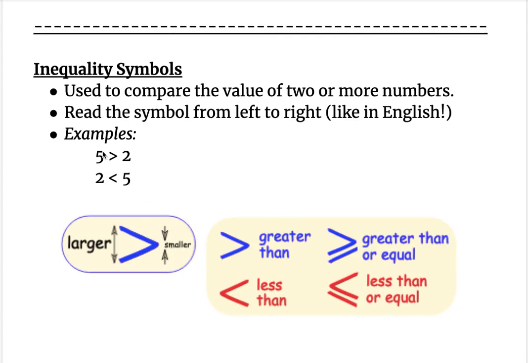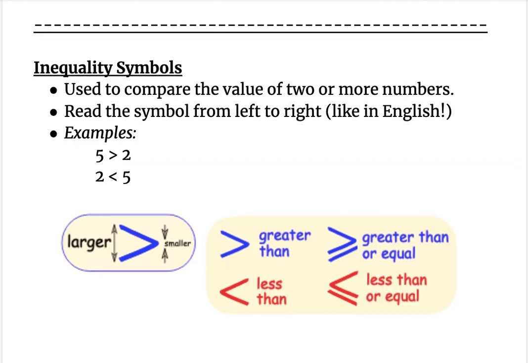So the greater than symbol is this one right here because we have the bigger side on the left-hand side. So this is 5 is greater than 2. And this is 2 is less than 5. So we're reading from the left to right. Make sure that this is all in your notes before moving on.